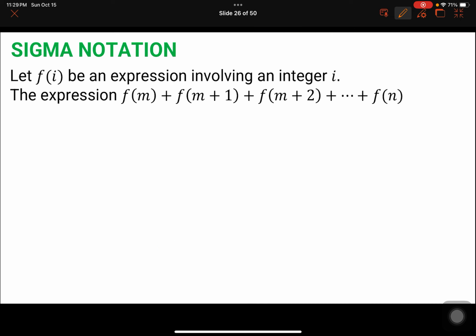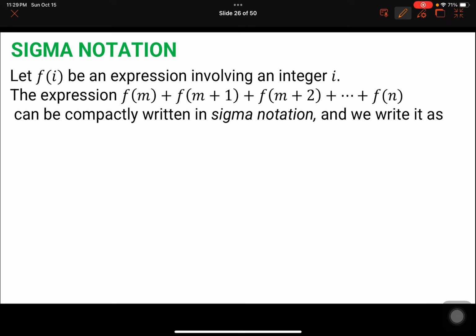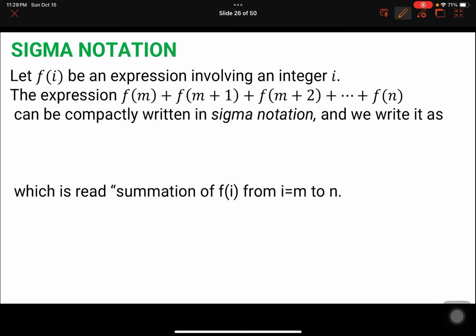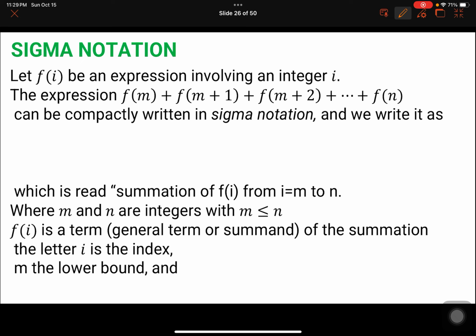Okay? So in mathematics, let's have a function f of i be an expression involving an integer i. The expression f sub m plus f sub m plus 1 plus f sub m plus 2 up to f sub n can be compactly written in sigma notation as this.